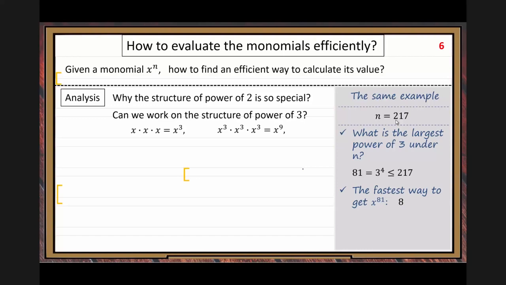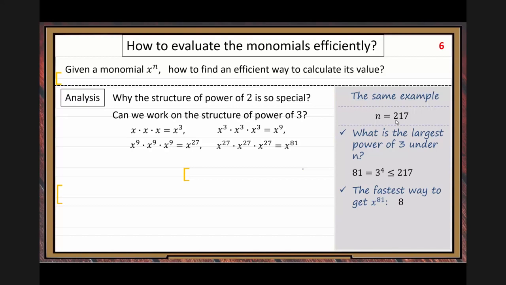Next, x cubed times x cubed times x cubed gives x to the 9th, 2 more multiplications. Next, x to the 9th times x to the 9th times x to the 9th gives x to the 27th, another 2 more. The last one, x to the 27th times x to the 27th times x to the 27th, x to the 81st.